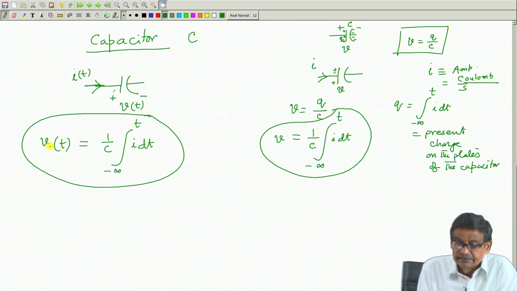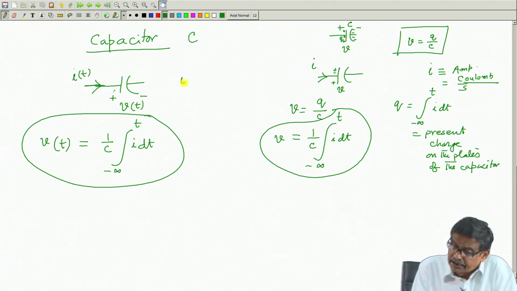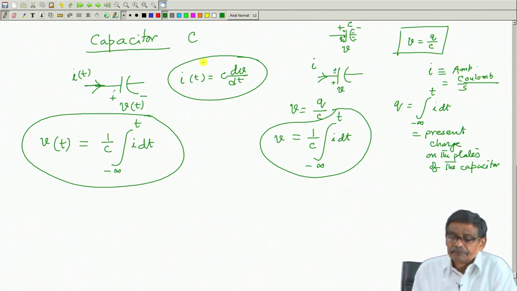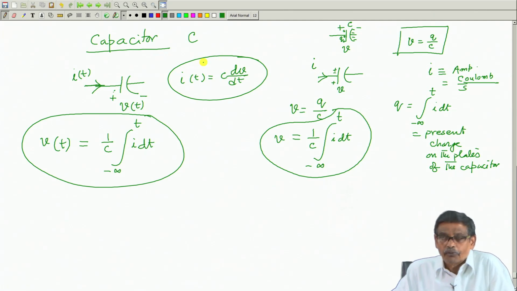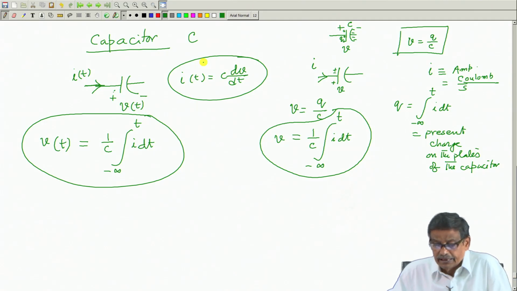This is I, this is V t. Conversely, one can write I t is equal to C dV dt. This is also correct. In fact, we will be using this mode. But can we say a capacitor is a memory-less device?